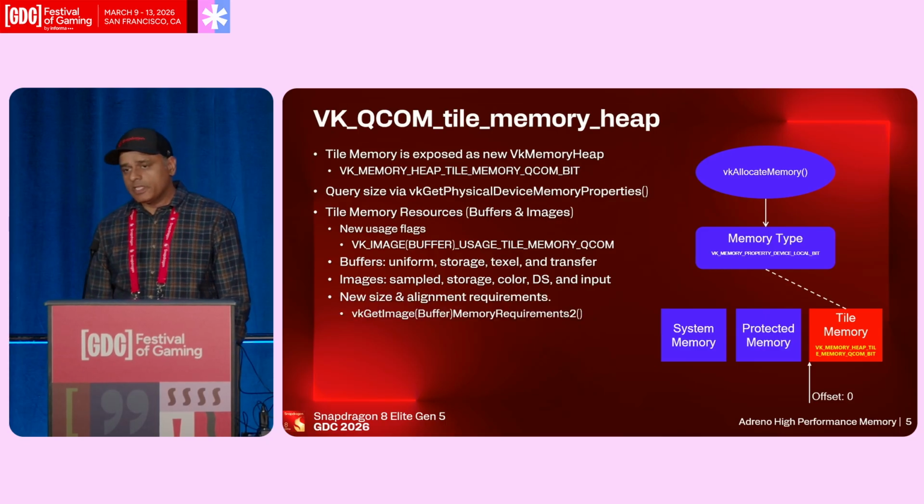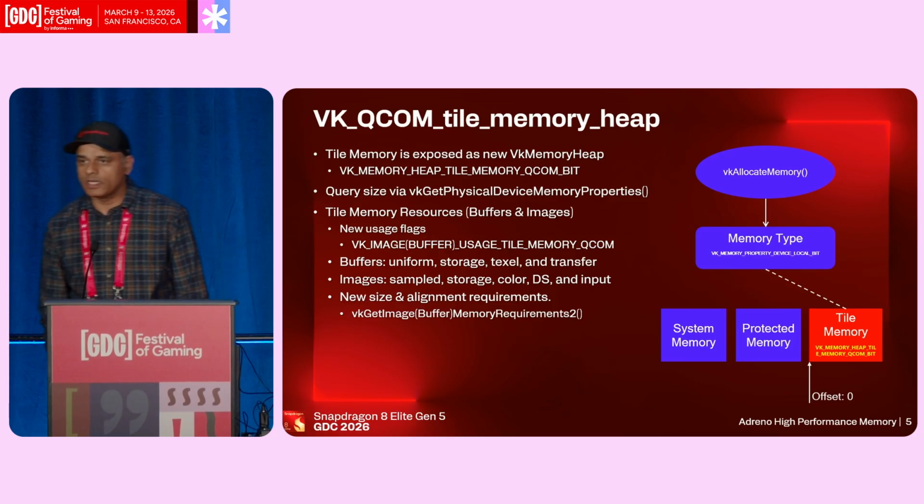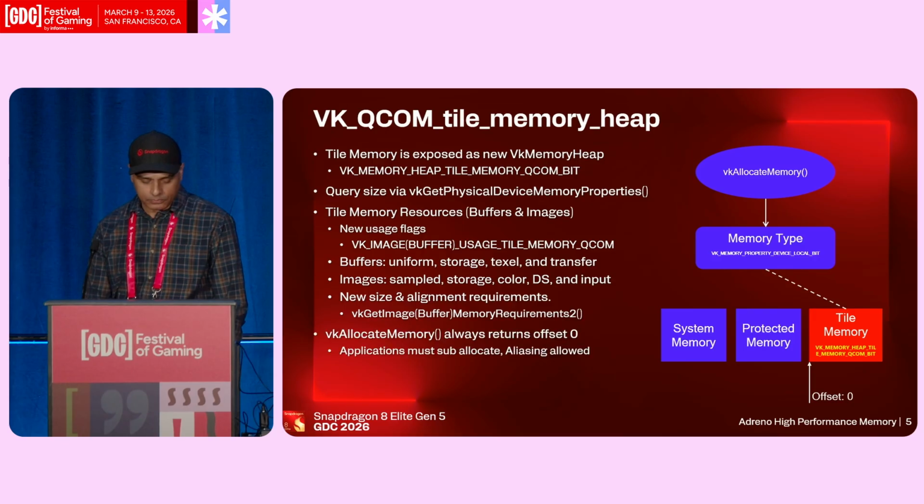For images, the implementations vary, so you must query the driver with VK get image properties to find the formats and the size alignment requirements. For example, here, the size and alignment requirements vary for the tile memory heap, so applications should query using this API.